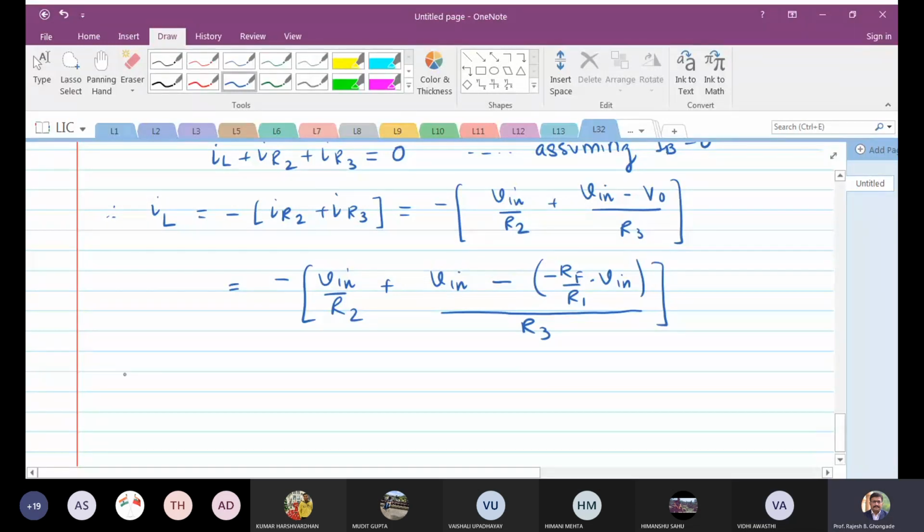Now let RF by R1 be equal to, the ratio will be same, R3 by R2.